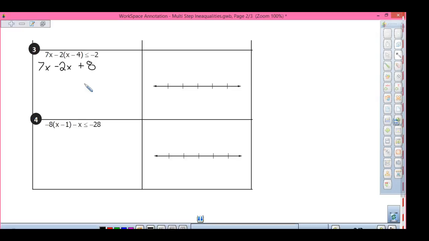Take a look at this step right here. That's a pretty common mistake with that sign right there.